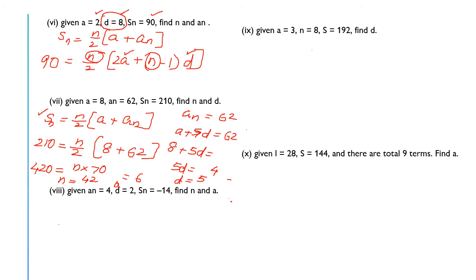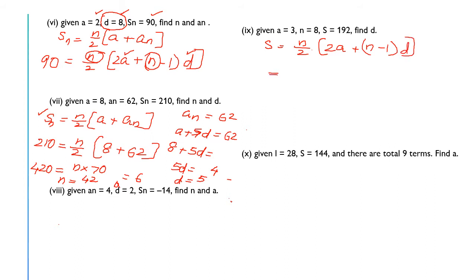Given a equal to 3, n equal to 8, s equal to 192, find d. Sum is given as 192. How will you find? Sum is equal to n by 2 into 2a plus n minus 1 into d.